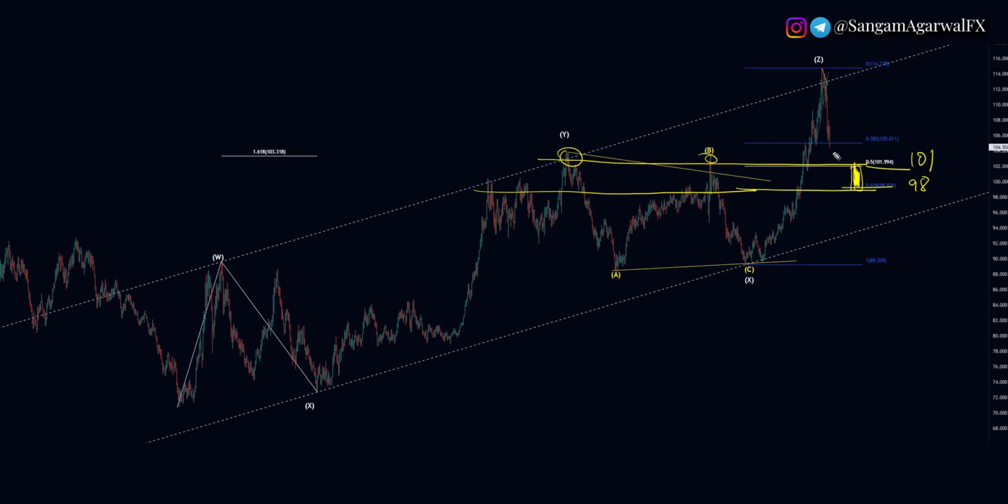In this area we can get either a counter trend correction or a sideways correction for the dollar, then a new low next year, because the dollar has made a top and now it is coming down. These two levels are your key levels, and we have to see where it makes its short term support, either at the 50% or 61% retracement level.